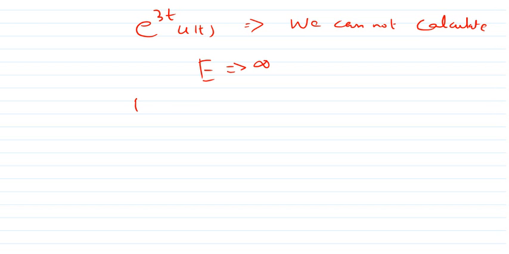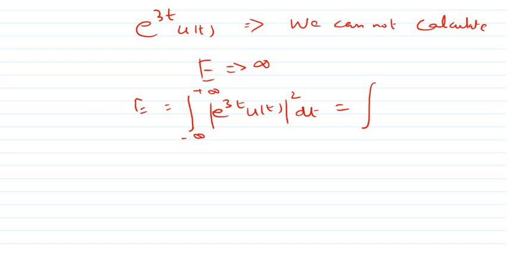If we apply the formula, minus infinity to plus infinity e raised to the power 3t into ut whole square dt, we will get 0 to infinity e raised to the power 3t whole square into dt. So basically it is infinity only. In this way, because it is an unbounded signal, we are not able to calculate the energy of e raised to the power 3t into ut.